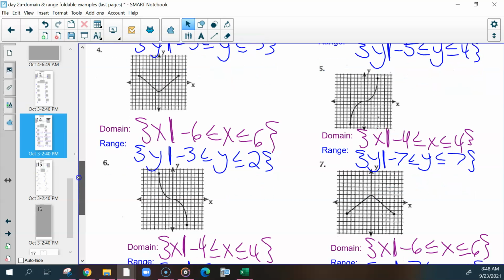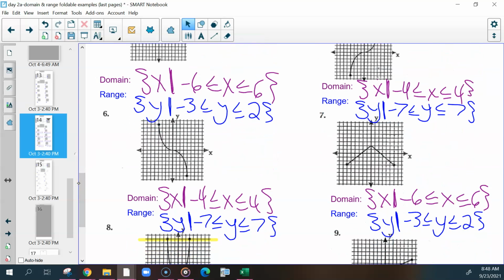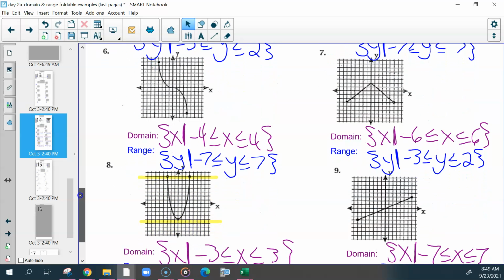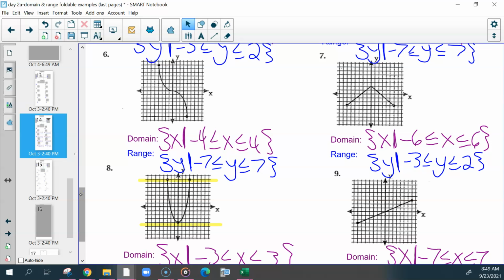And then the one that goes to the left, number 6, the domain was the same, so -4 to 4, and the range was also the same, -7 to 7. Number 7, the B that's upside down, the domain was -6 to 6. The range was -3 to 2.